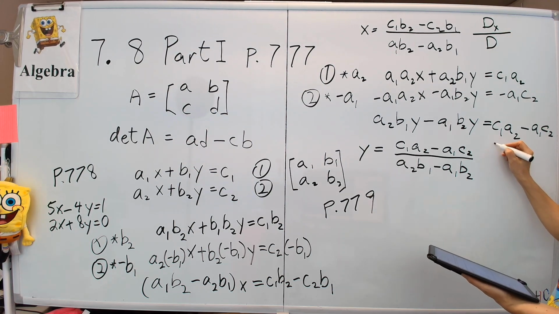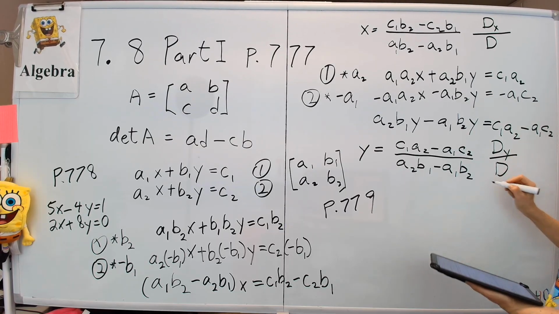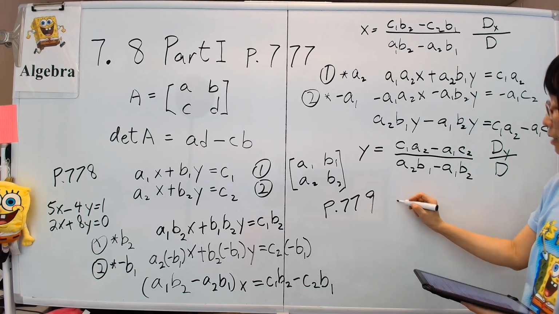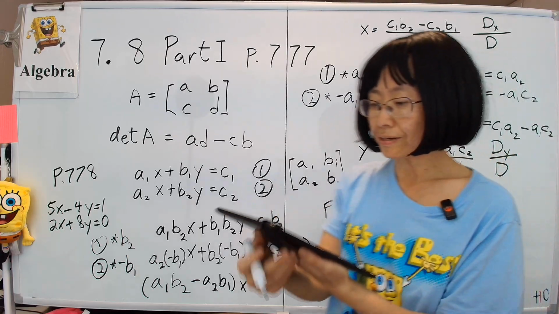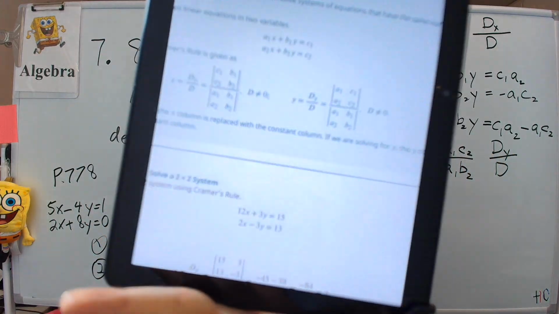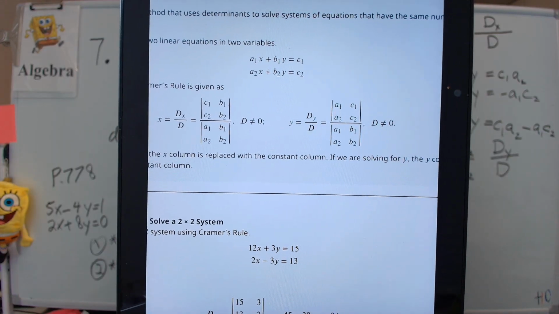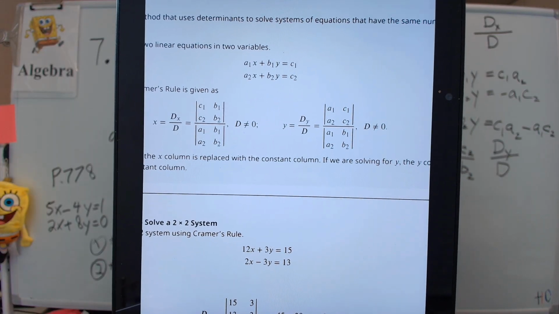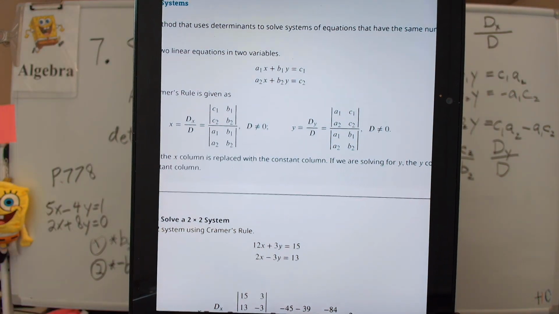This is called dy, and the denominator is called d. The reason is because dx is equal to, here's the definition for dx on the same page. You notice dx is the C1, B1, and C2, B2 thing, whereas dy is A1, A2, and C1, C2.